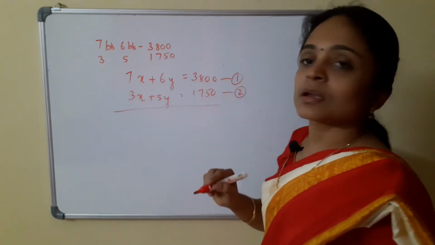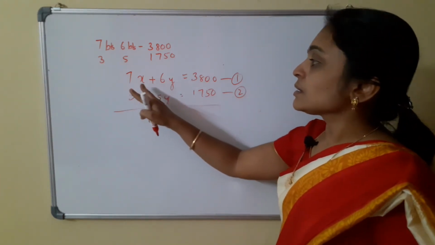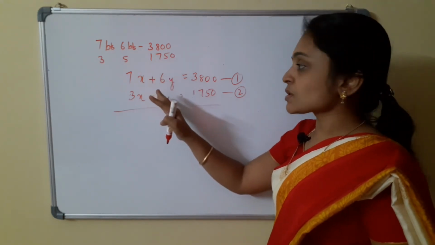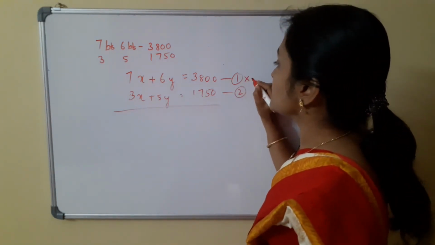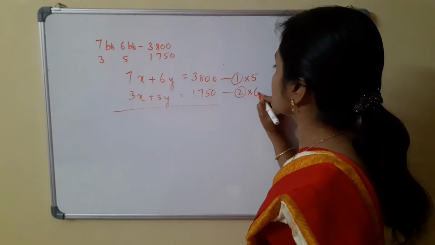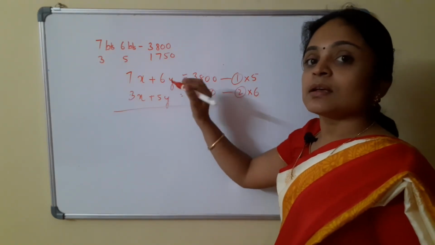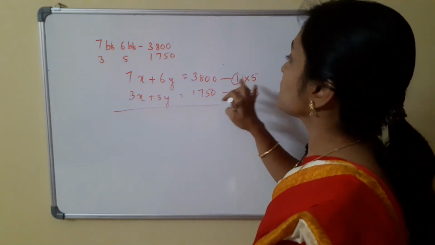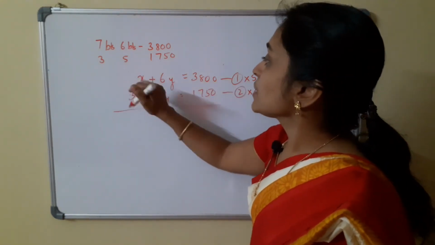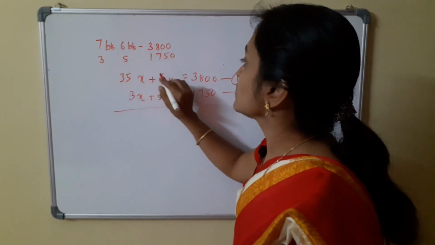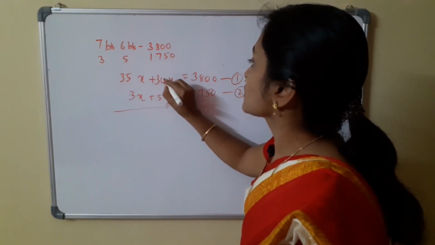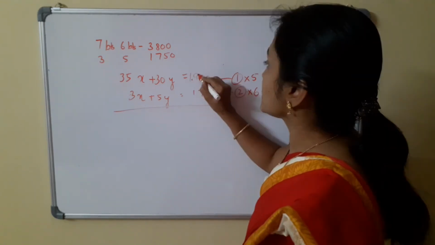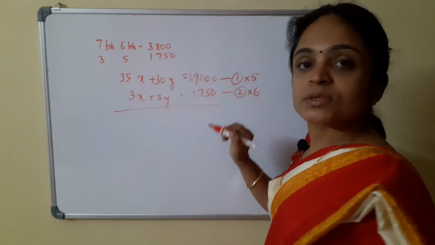Then how will you solve this? There are no common coefficients here. If you multiply this by 5 and this by 6, you will get the coefficient of y as common. So if you multiply this by 5, what will you get? 35x plus 30y equal to 19,000.